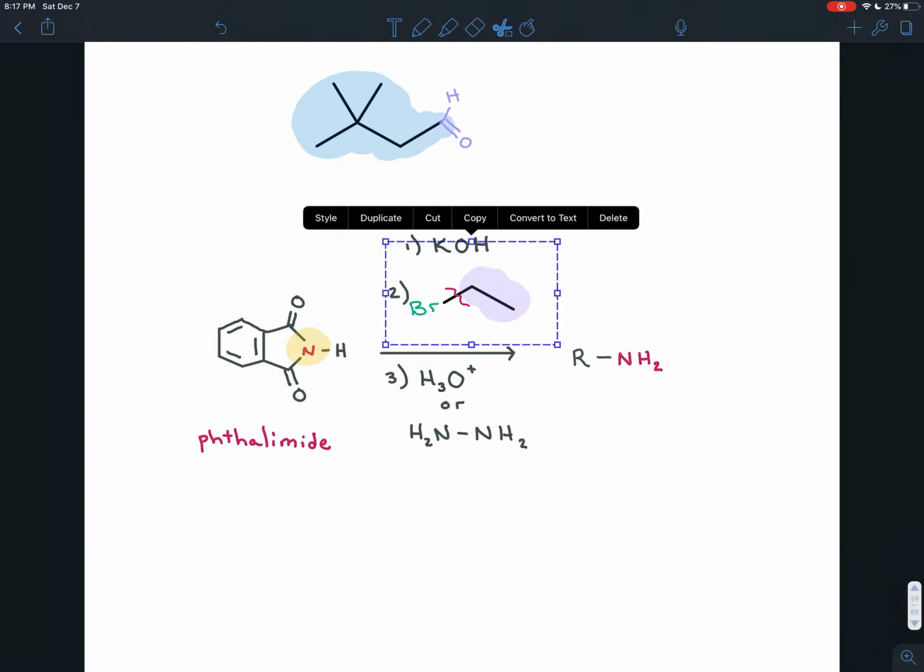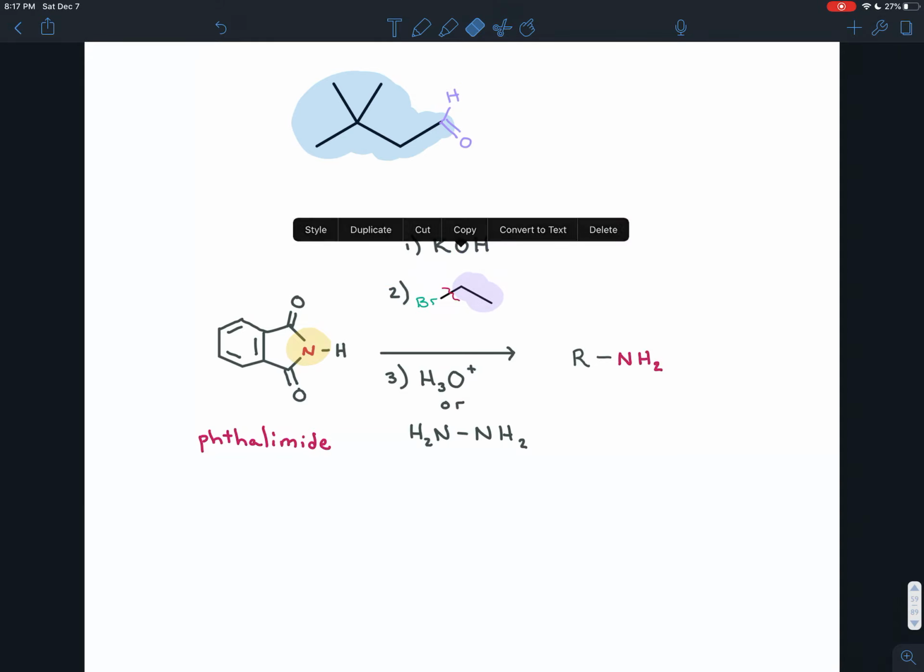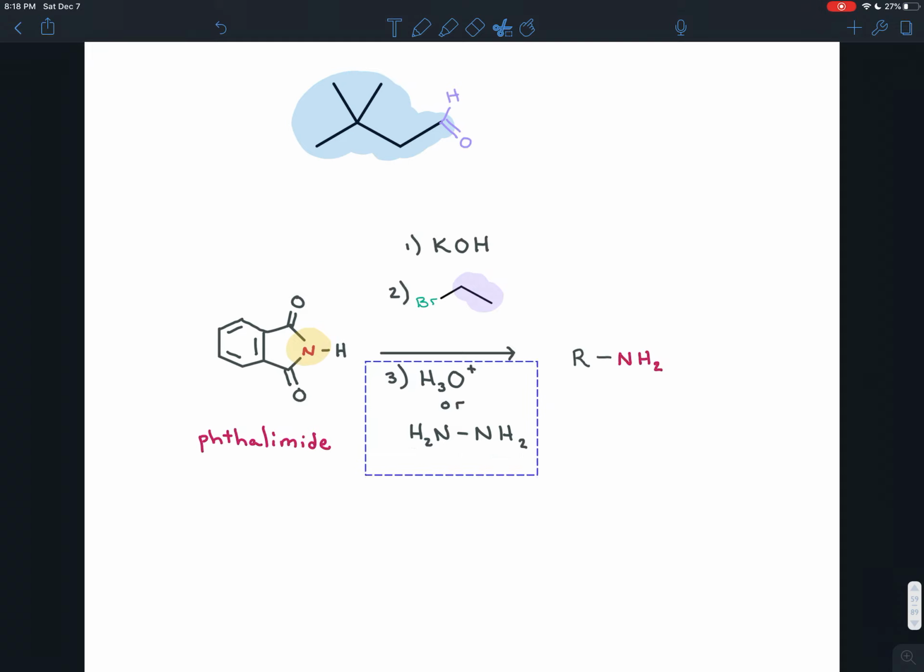Here it is, this ethyl bromide, or bromoethane if you prefer. That will create a carbon to nitrogen bond. And then in the third step, you would either hydrolyze the nitrogen from the phthalimide with an acid, or you would release it doing a nucleophilic acyl substitution with hydrazine, as we've seen in previous videos.